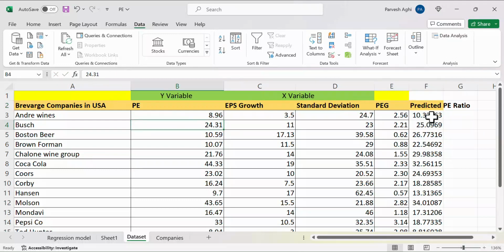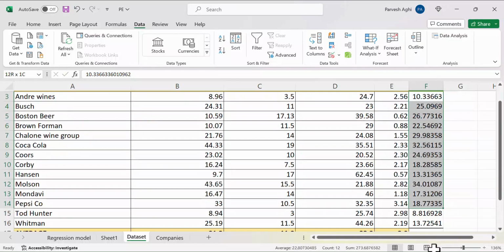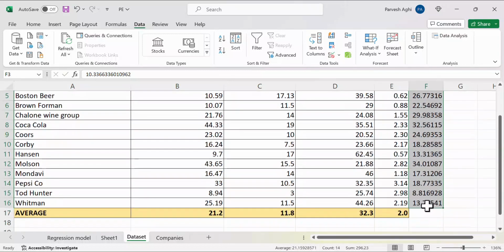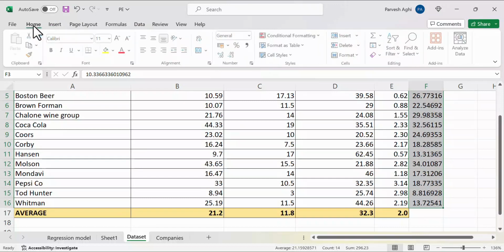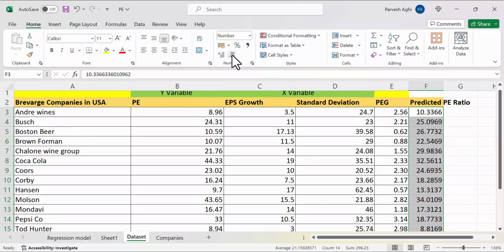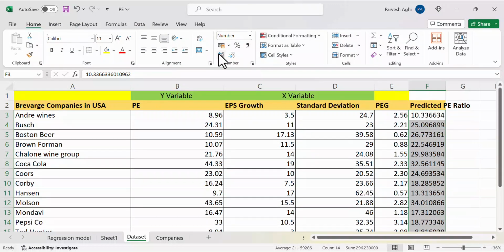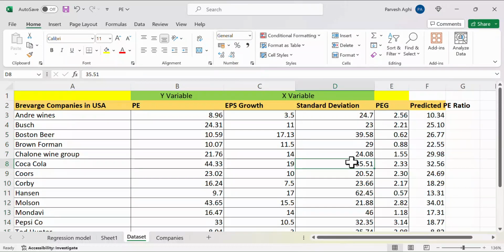Fine. And then we can make it up to 2 decimal places. Okay, fine. Has it come?